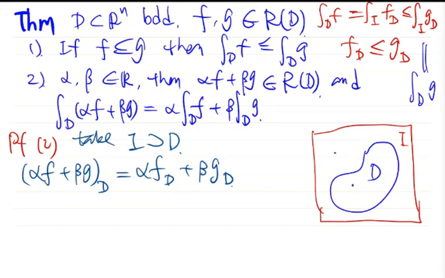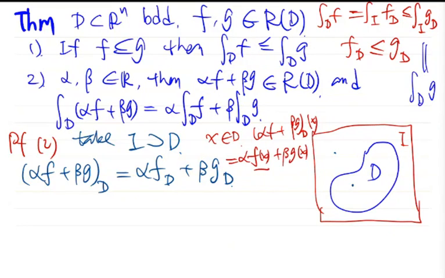In fact, we only need this to be true over D, over I. But actually, it is true at every point in Rn. So as you can check, we have this equality. Maybe I will write part of this proof. So for x in D, the zero extension of alpha f plus beta g at x is alpha f̃(x) by definition of zero extension, plus beta g̃(x).